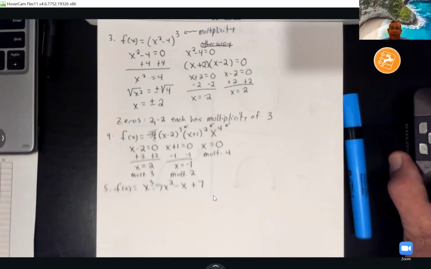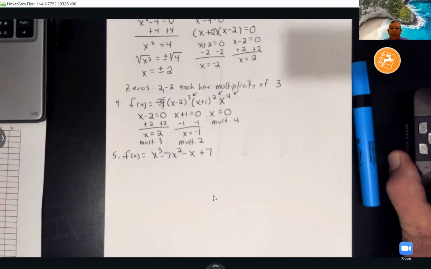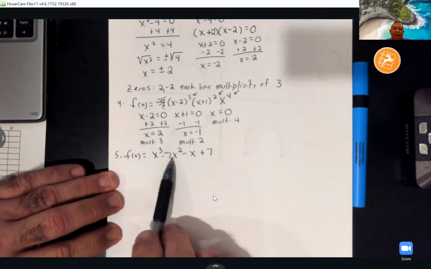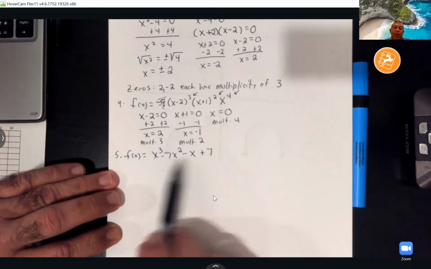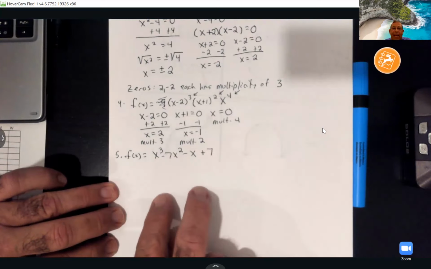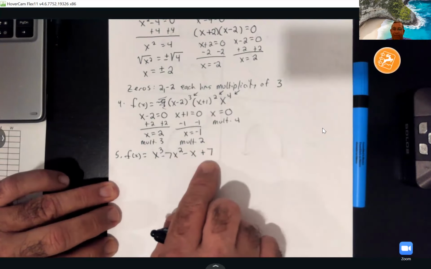Y'all's is going to be really similar to mine. The only difference is my 7s. Y'all might get a 5 or a 3 or any other number, but your problem will work exactly like mine other than the 7s, okay?